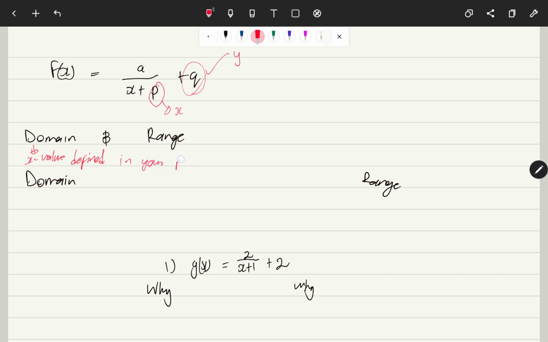And the range has the same meaning, but it is y values defined in your function. By x values or y values being defined in your function, we just mean that these x values or y values do exist within your set of possible numbers in your function. So now let's go.